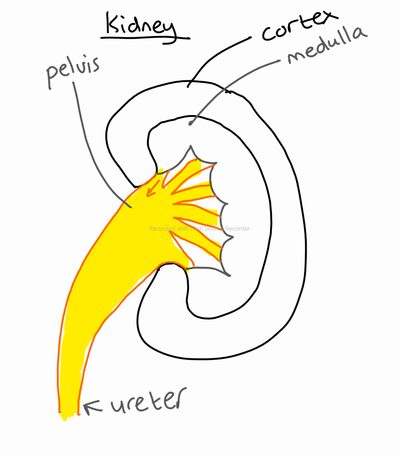Right, let's do this again. Blood going in is through this blood vessel, and let's label that renal artery.